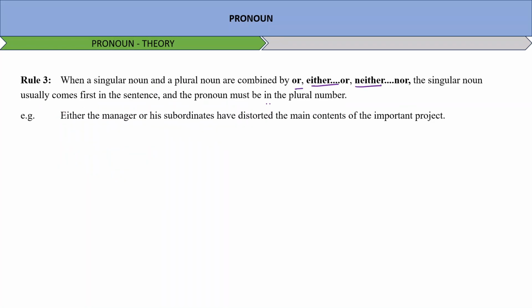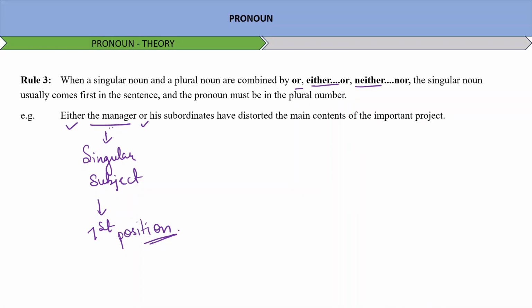See, I'll tell you how. "Either the manager or the employees have distorted the main contents of the project." The singular subject will be placed first when we are using connectors like either or.